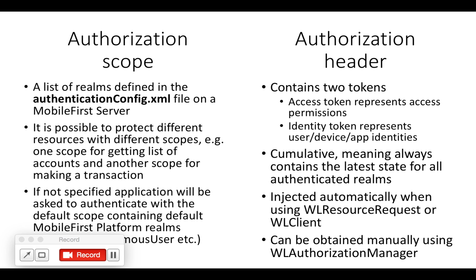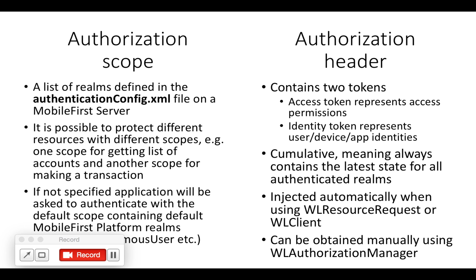Authorization header, that's the authorization information created by the authorization server and used by the client when it sends requests to a resource server. The authorization header contains two tokens. It contains an access token that represents access and permissions of that specific user. And it also contains an identity token that represents user and device and application identities.